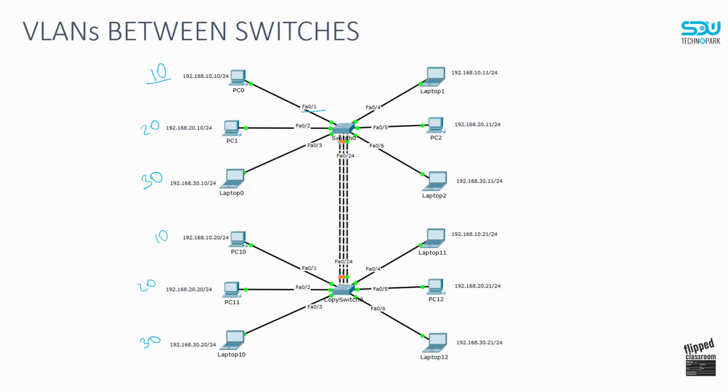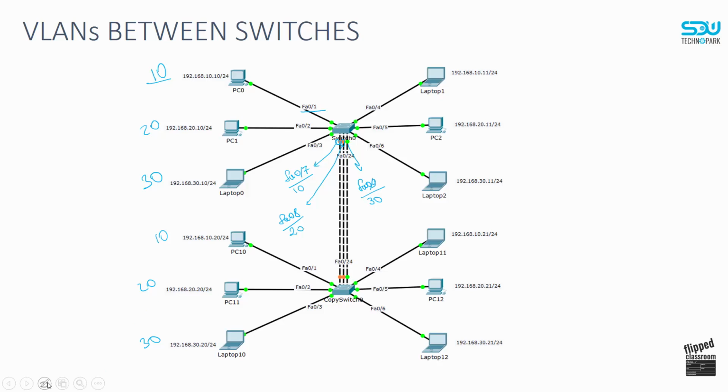And here we have a port, I don't see exactly which port it is, but let me say this port is FA07, which also belongs to VLAN 10. Also, we have to connect another port, for example FA08, which will belong to VLAN 20, and another port will be, for example, FA09, which will belong to VLAN 30.